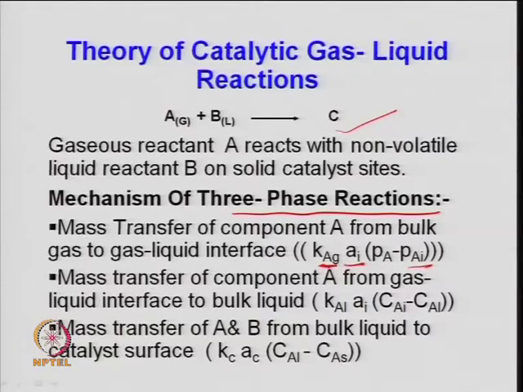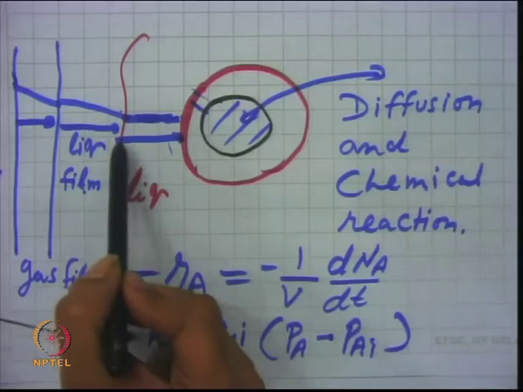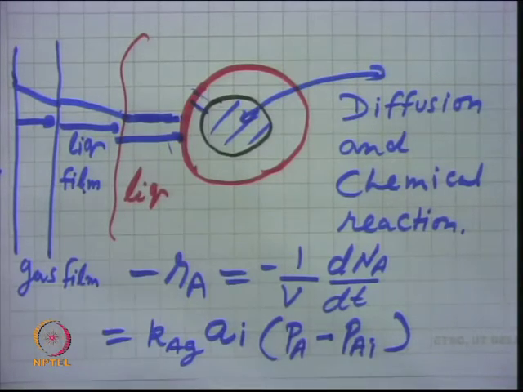So, this is the first step. In the second step, again as I said, from here to here, is mass transfer of gas A from the gas-liquid interface to the bulk liquid, right. So, you have a gas film, you have a liquid film, and from here it reaches the bulk liquid. That is the second step.